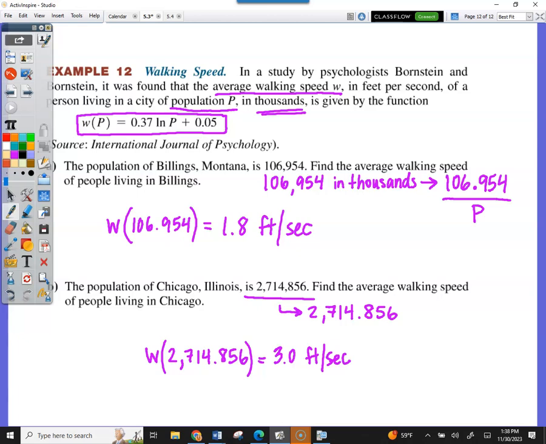Why? Because people in Montana drive more. Chicago is more of a populated city, with more people. Montana is rural, and Chicago is urban, fast-paced.